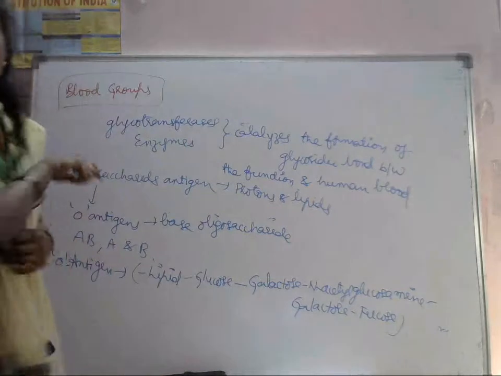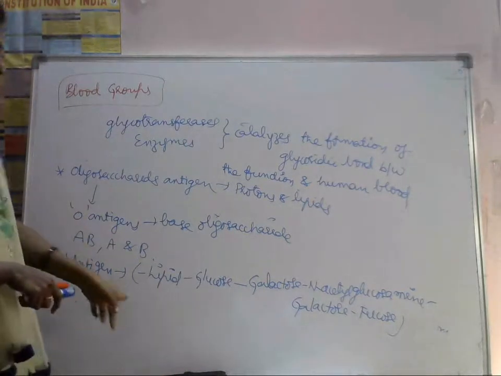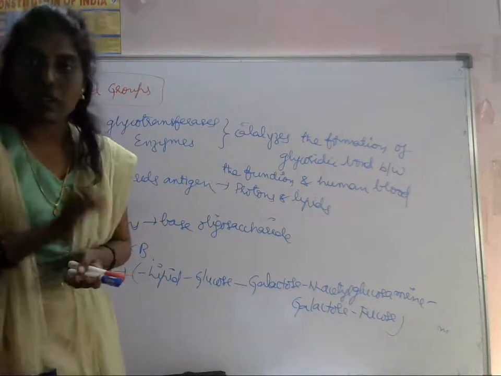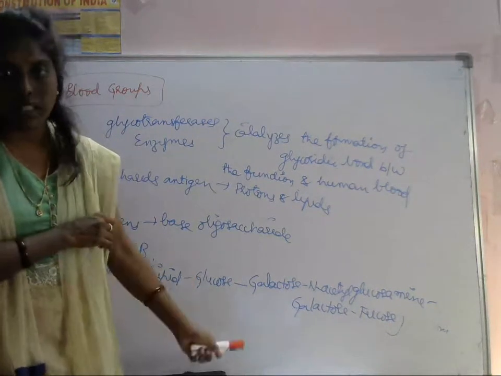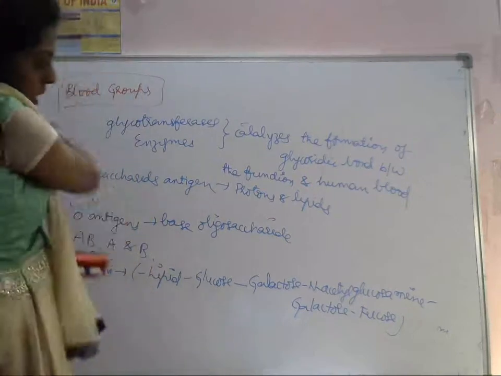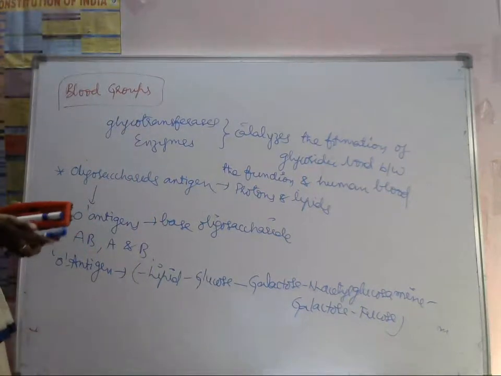So this series is called the O antigen, and every human contains O antigen. Blood type O has O antigen.